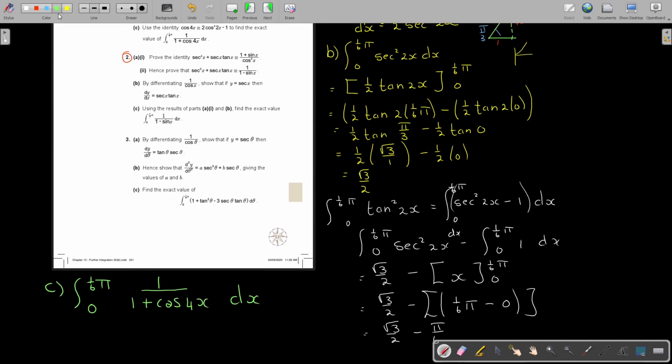Okay. Now, I said, don't forget there. Do you see? So if I'm going to keep it, say the integral from 0 to 1 over 6 pi of 1 over 1 plus 2 cos squared 2x minus 1 dx.